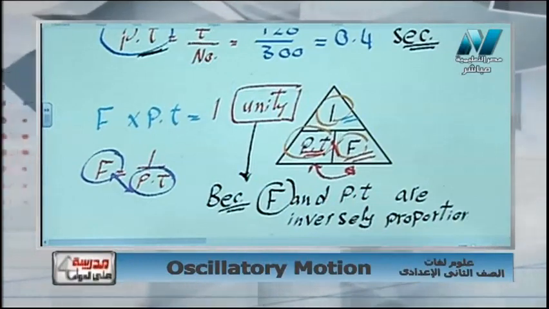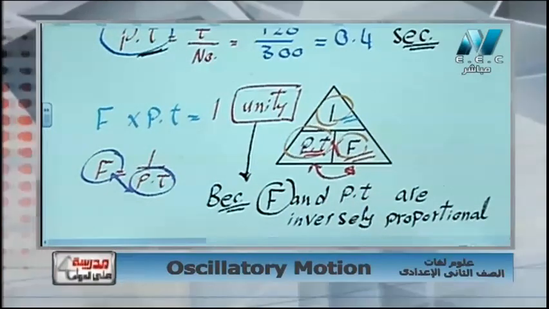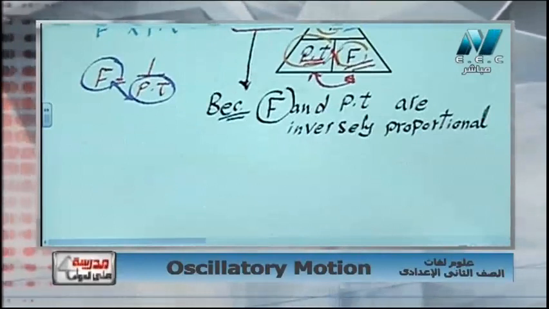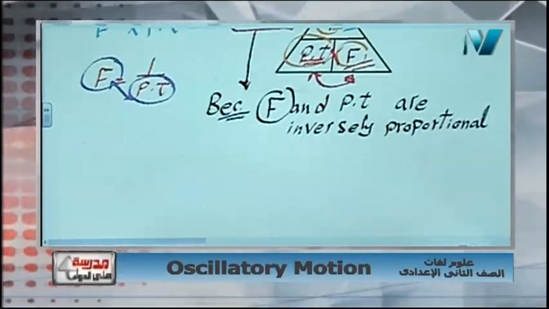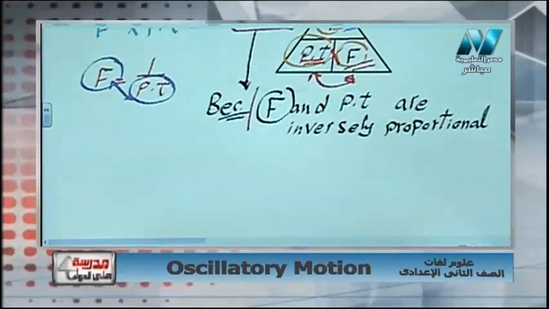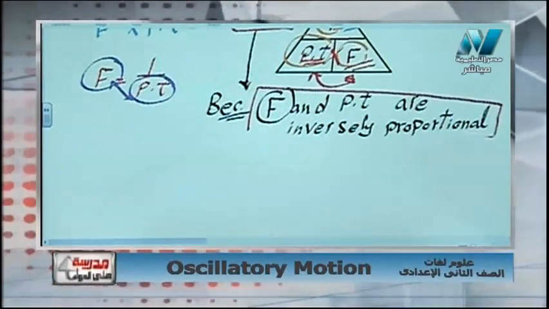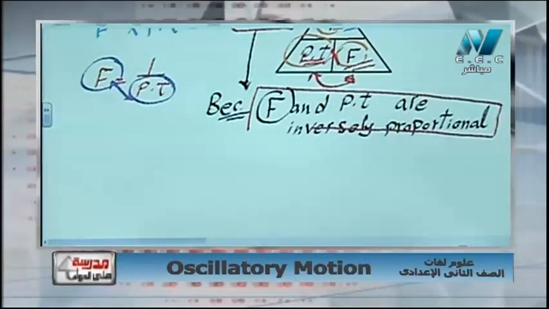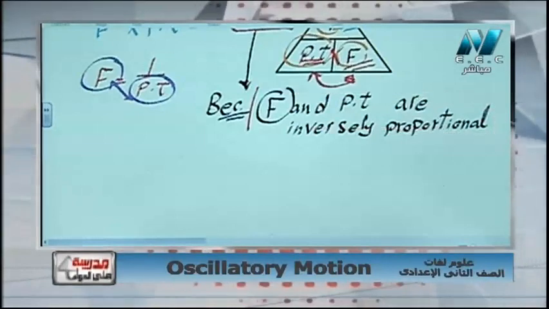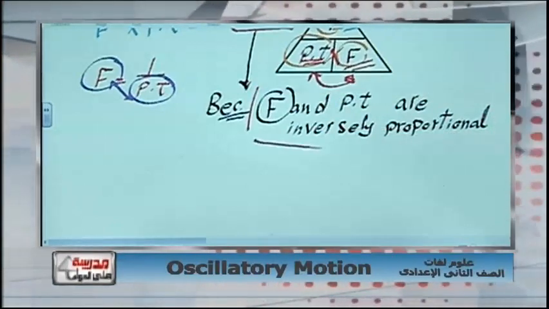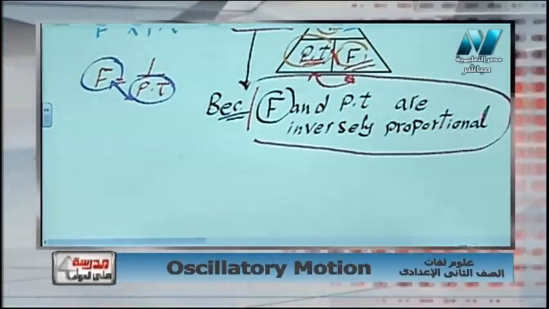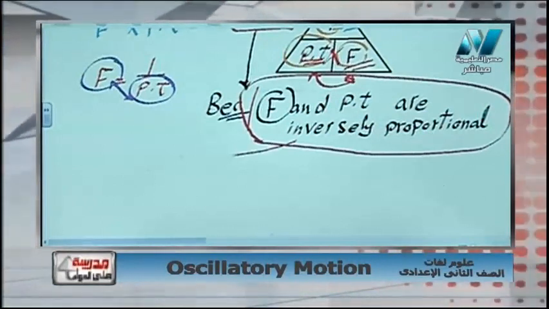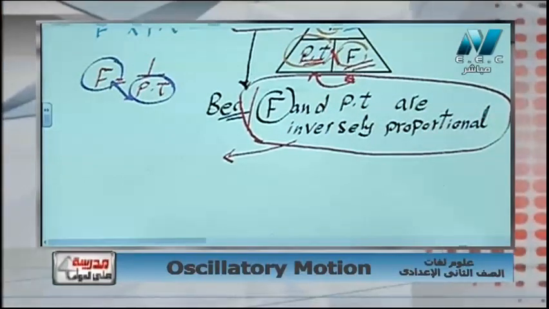What does inversely proportional mean? We may have another give reason, for example, give reason for frequency and periodic time are inversely proportional. Here this answer we can use as a give reason. Inversely proportional means opposite to each other.